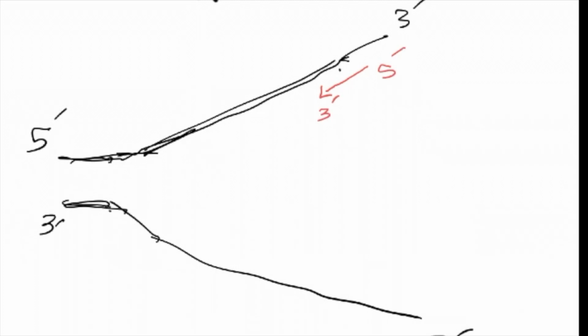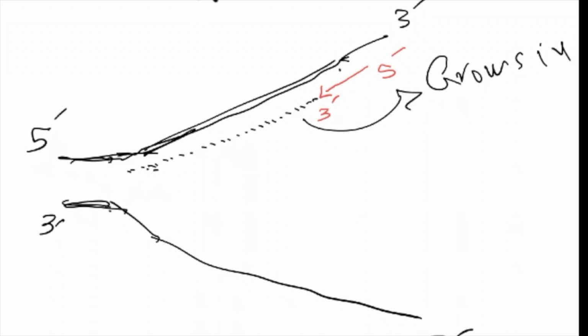So then what happens, the DNA polymerase comes in and then extends this DNA. And it keeps going and going and makes one large piece of DNA. Okay, so this is the top, this one that I just drew.